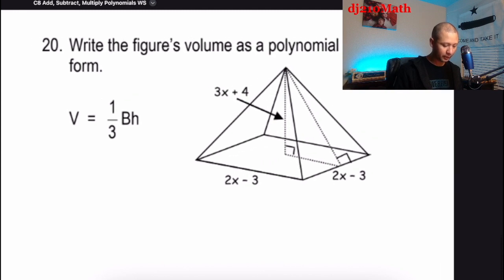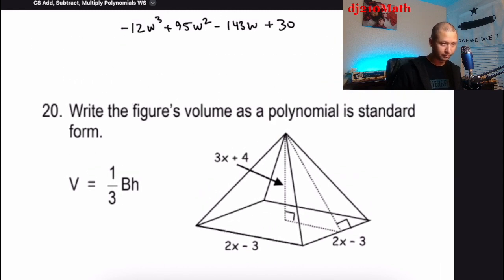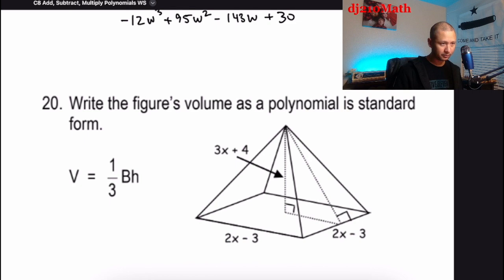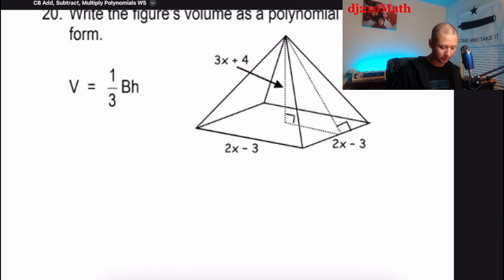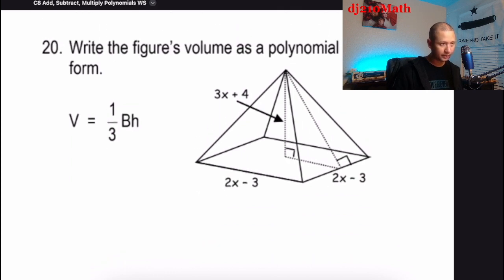All right, write the figure's volume as a polynomial in standard form. They give us the volume formula, 1/3 base, so whatever the area of the base is, times the height.